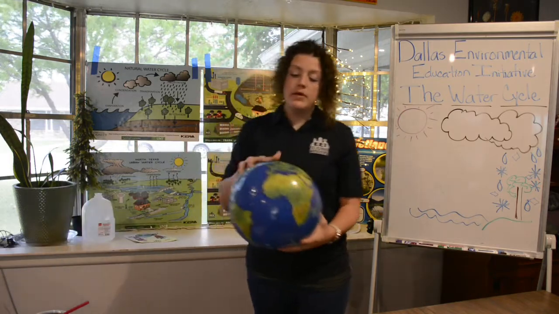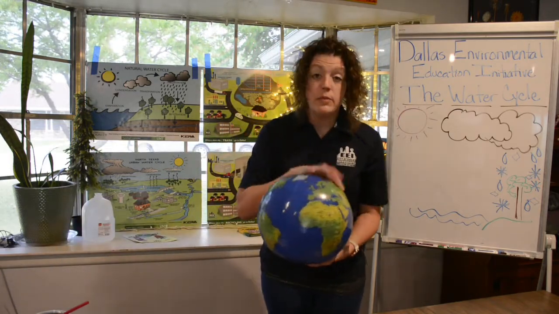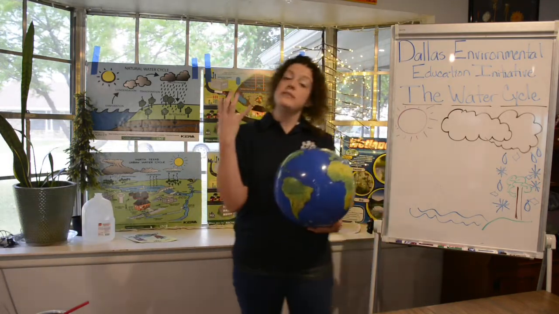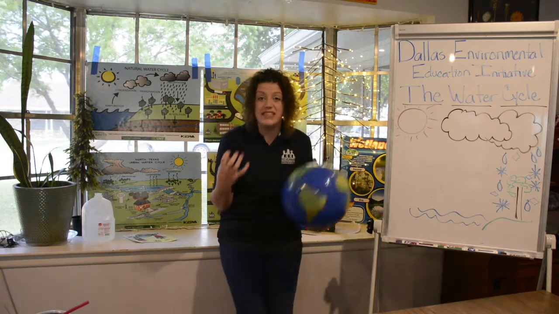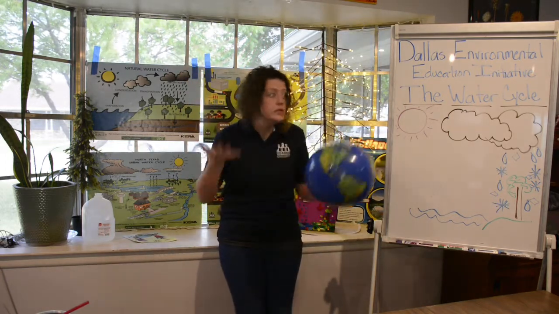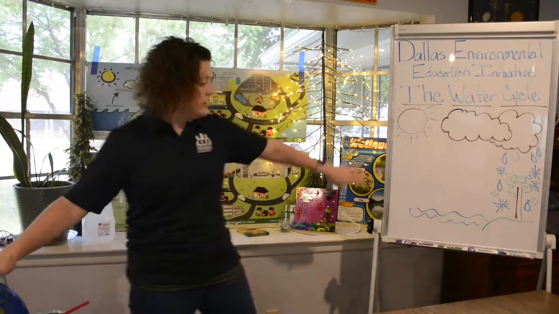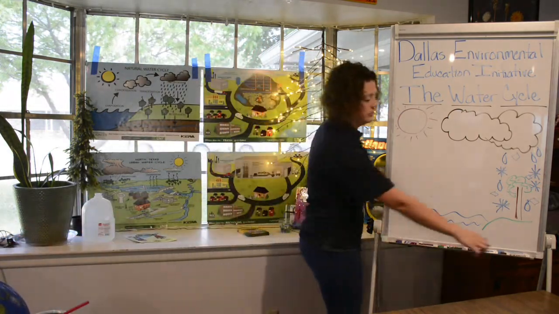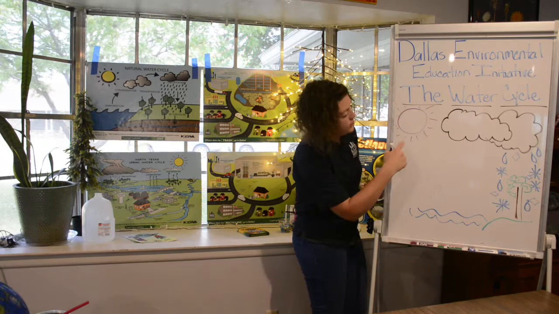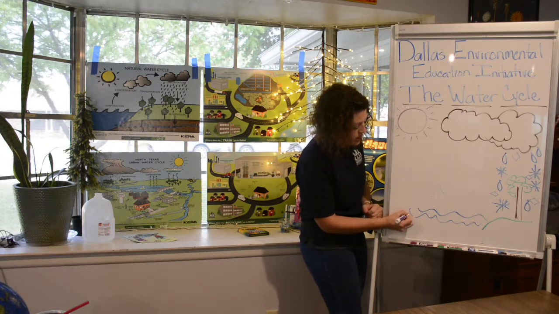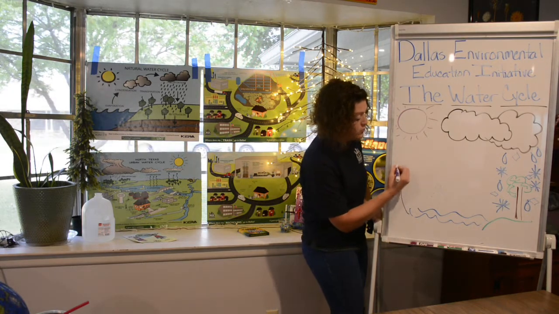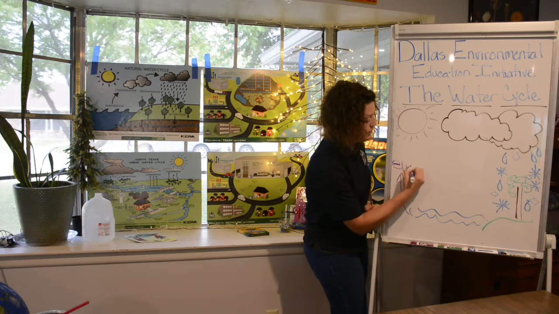What happens is the water is in all of these places on our planet. When the sun comes out and heats up the water, it turns into gas and it evaporates. It moves up towards the sky. So if you look at this up here, I have my water on the bottom. That water, when that sun is nice and hot, it evaporates the water. It moves it up. It's called evaporation.